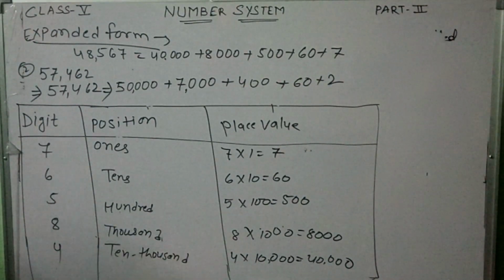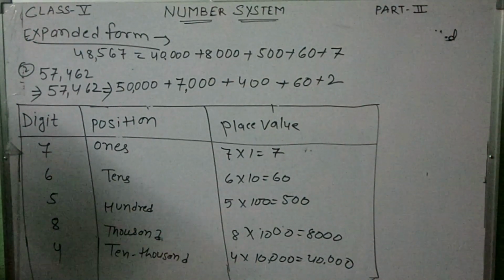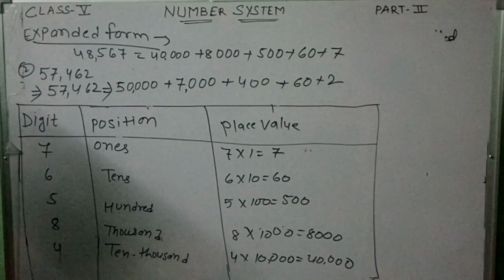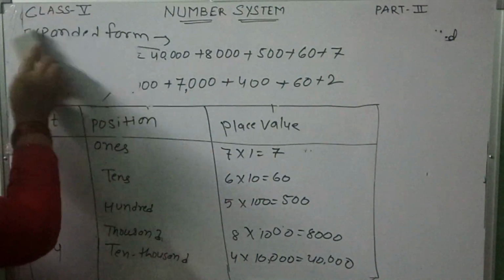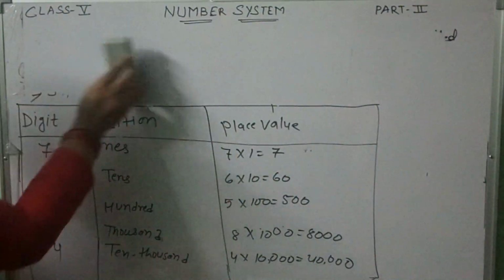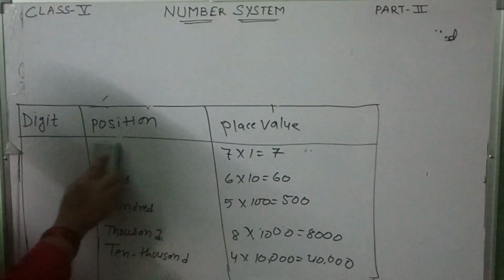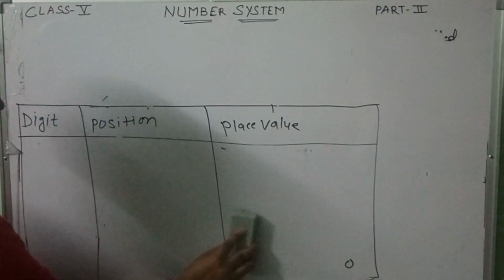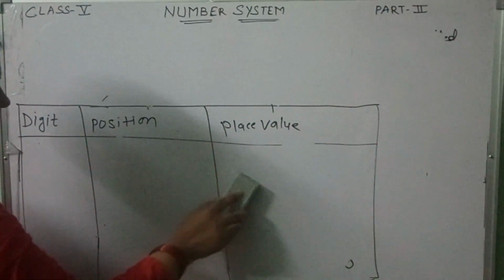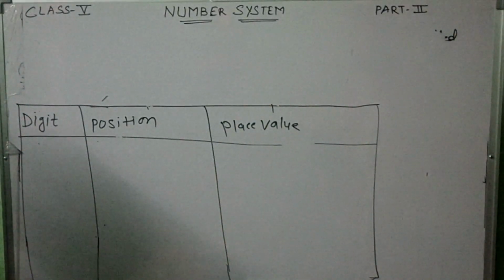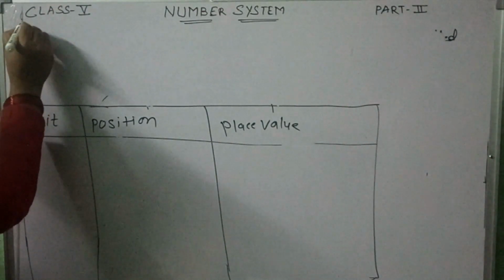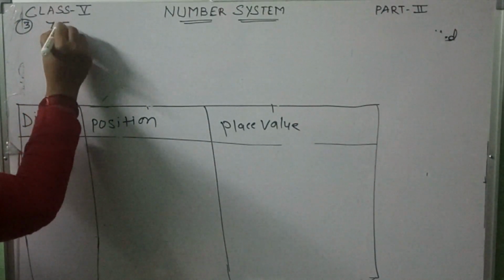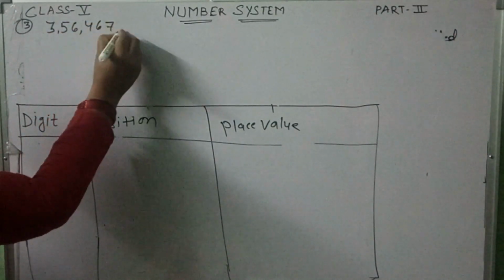So one more example we will take for finding the expanded form or place value. Take one another example. Suppose 3, 5, 6, 4, 6, 7.